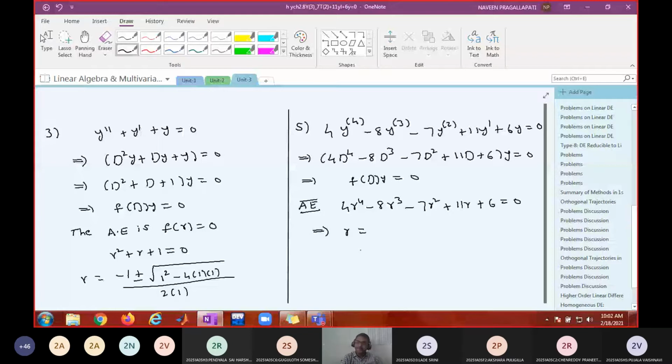Are you finding? Can you tell me those roots? Minus 1, okay. I wrote minus 1. And tell me the remaining 3 roots.